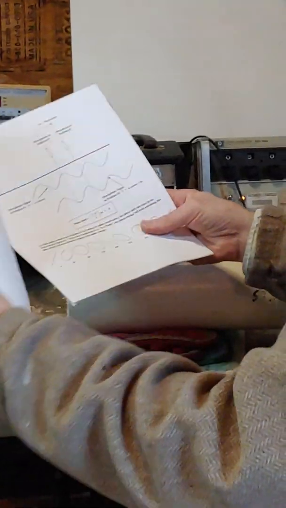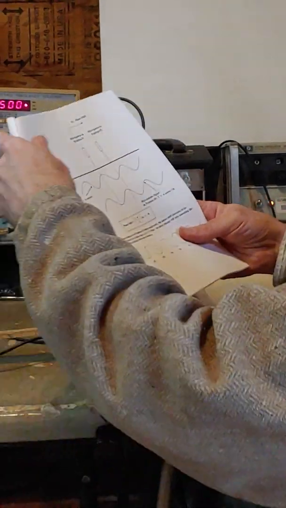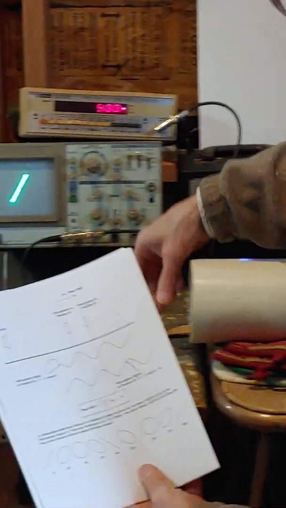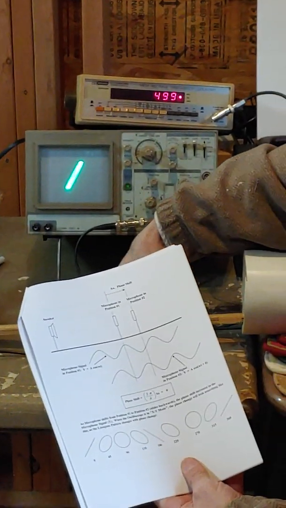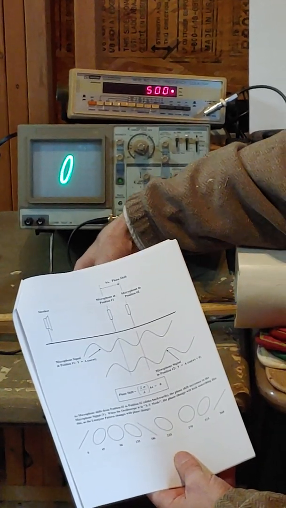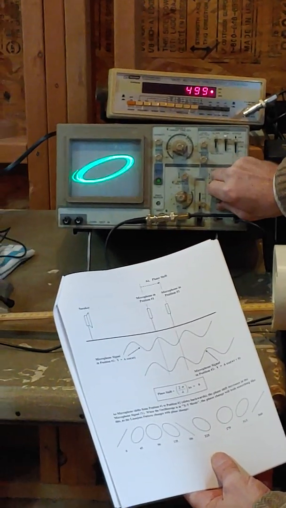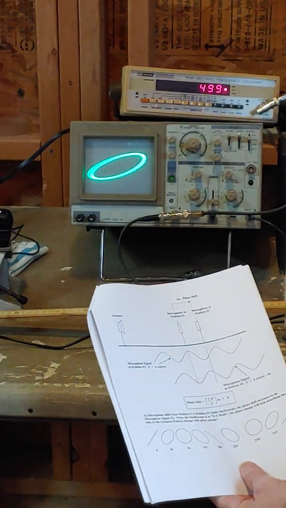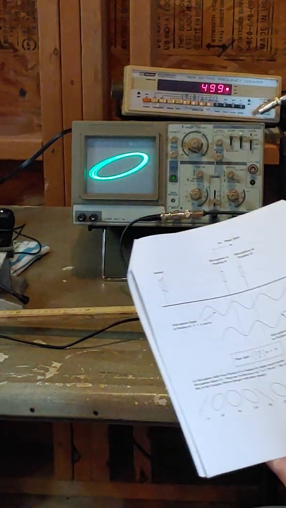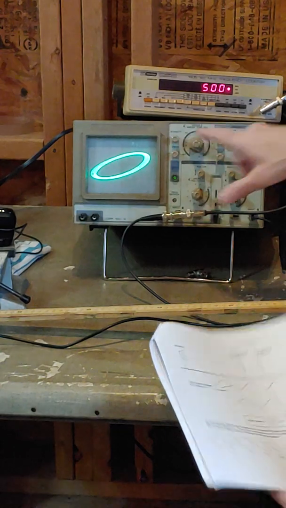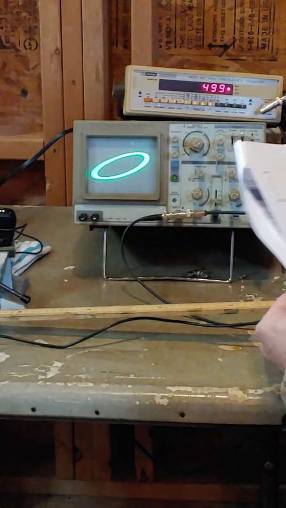Look on page, well, it's on page 2, but it's also on page 4. I'm going to flip over to page 4. What happens is, it's kind of noisy, I grant you, but it's a Lissajous pattern. The idea is that I have 2 sine waves.